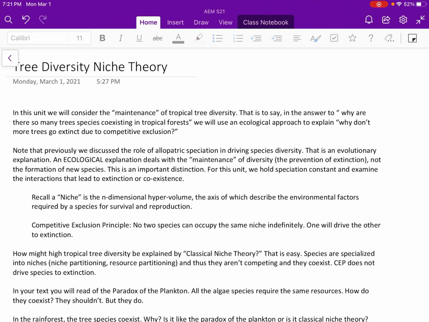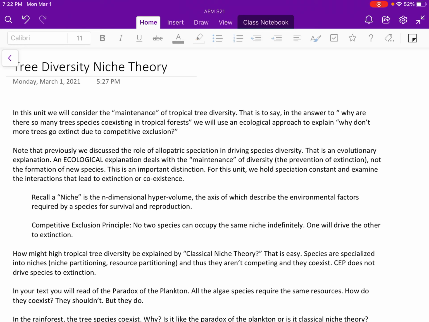So in this unit, we'll consider the maintenance of tropical tree diversity. That is to say, in answer to why are there so many species coexisting in tropical forests, we will use an ecological approach to explain why more trees don't go extinct due to competitive exclusion.